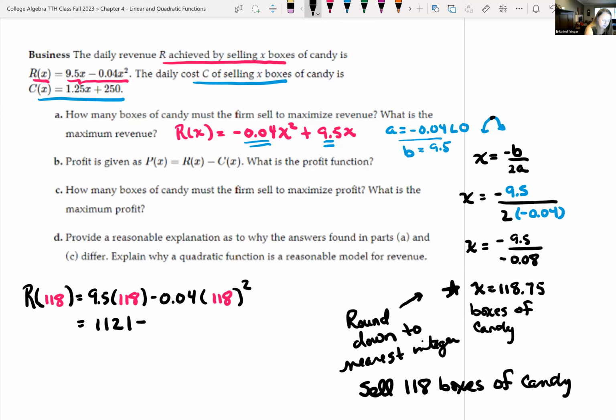1,121 minus, so first square the 118 before you multiply it by the negative 0.04. So this would give me minus 556.96.